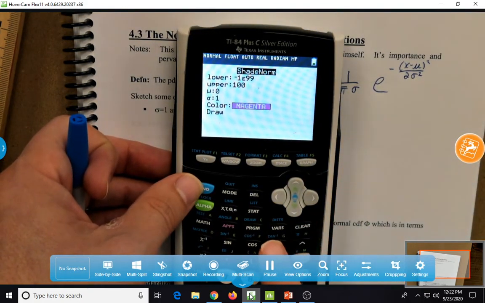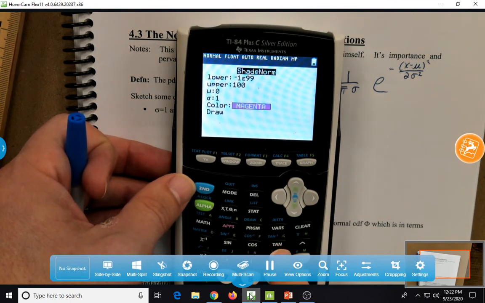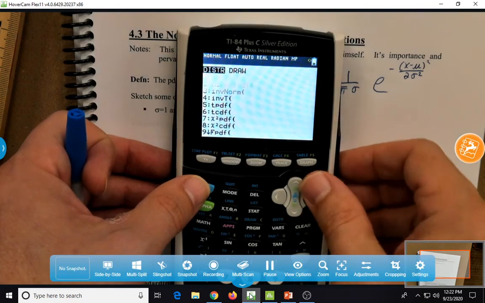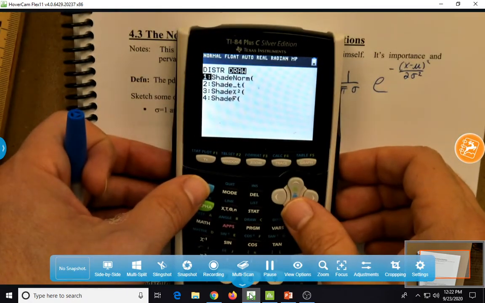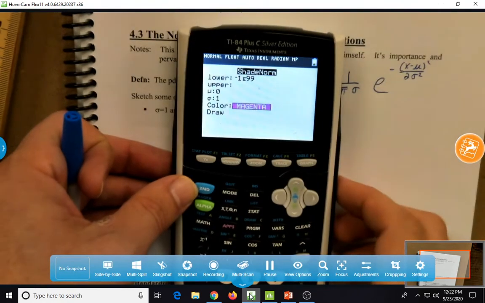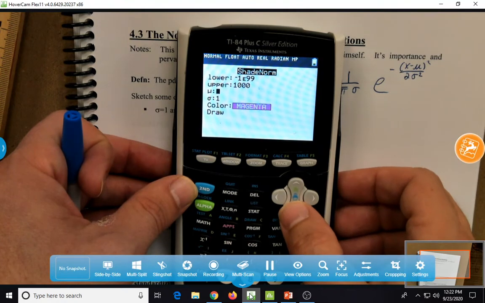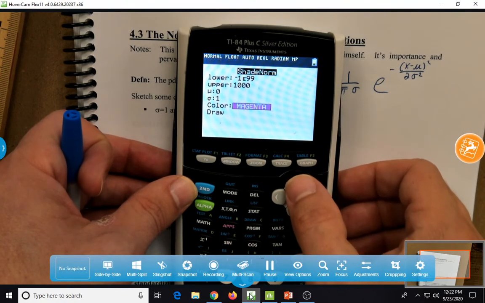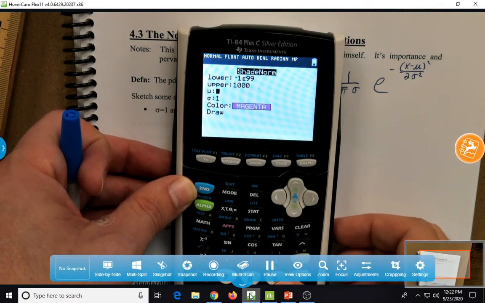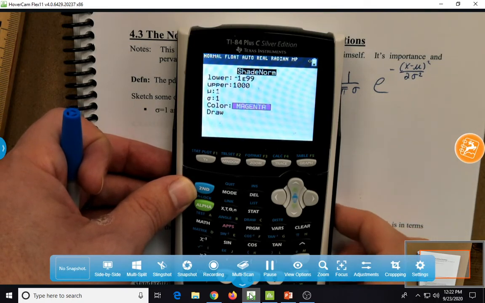What I did was I went to probability distributions, and I went to draw, and I want to do shade normal, and I'm going to go from this to 1,000, and I'm going to change my mean from 0 to 1.